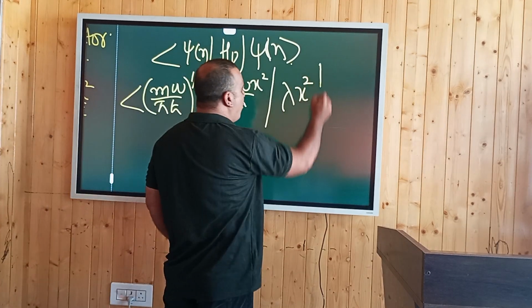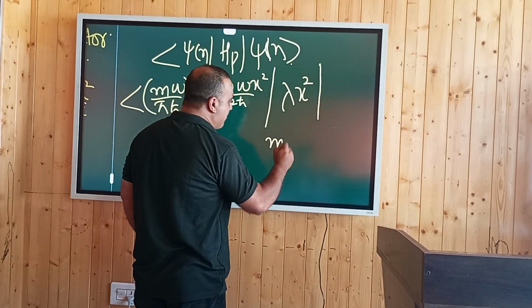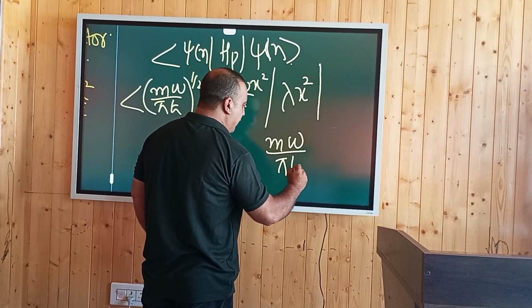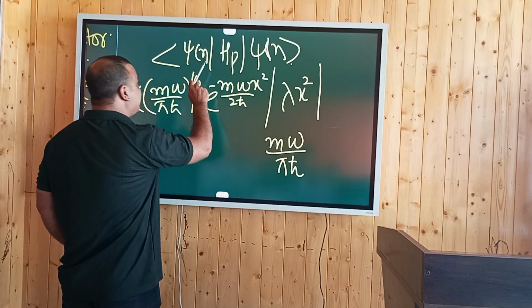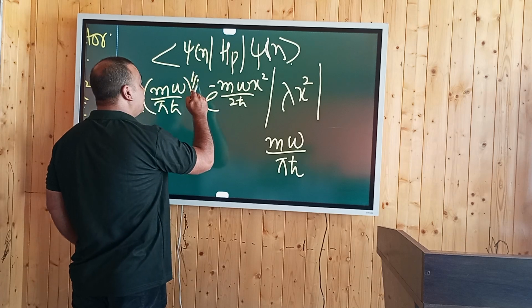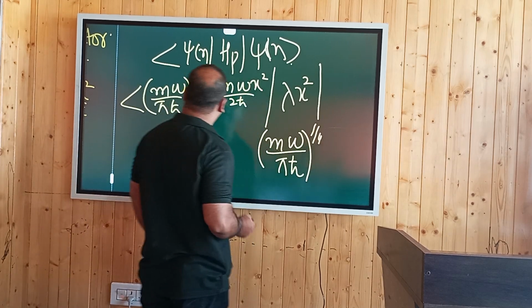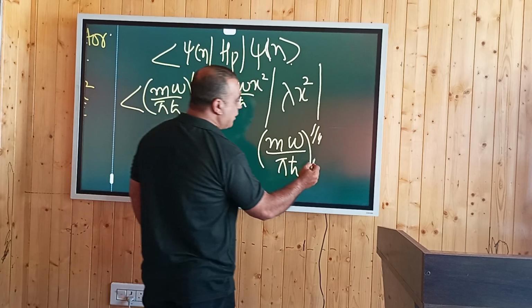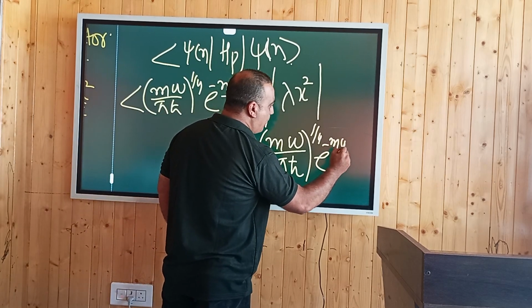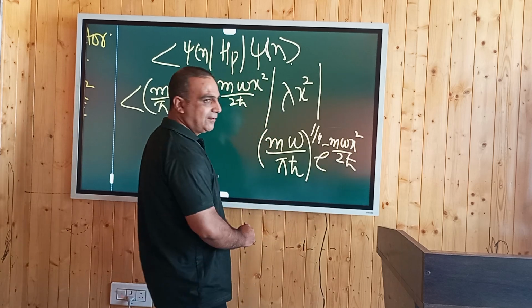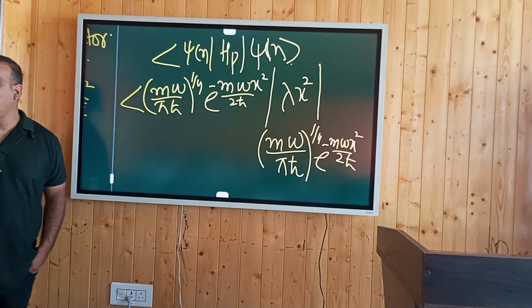And then you will have the same thing, (m omega by pi h cross) raised to the power 1 by 4, and e to the power of minus m omega x square by 2 h bar. Clear? Fine up to this point?